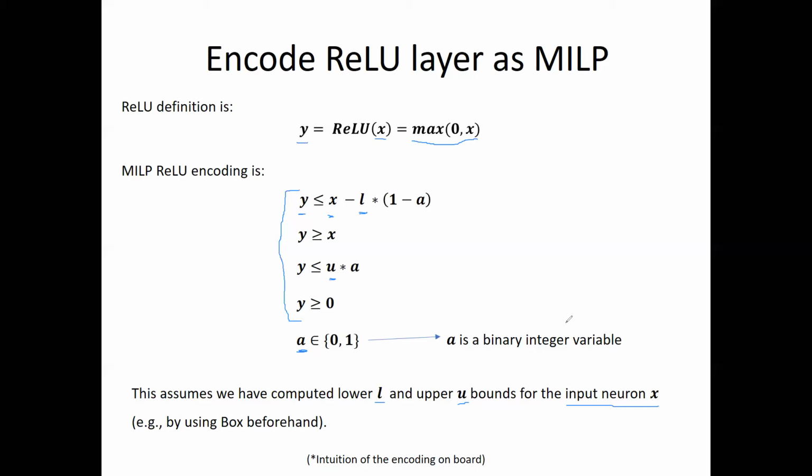Then we would know that L is -2 and U is 2. We use this incomplete method not for verification, but just to compute the bounds L and U that the different neurons can take. Once we compute those bounds, we use them as a basis to compute even tighter bounds using the MILP instance and the subsequent MILP solver.